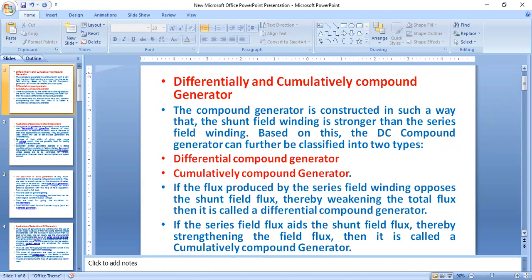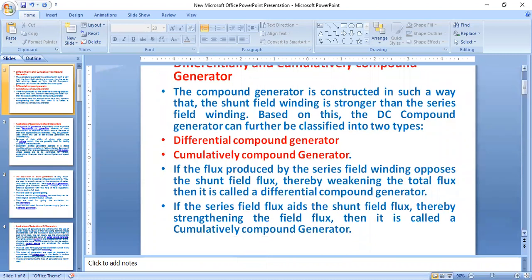The compound generator is constructed in such a way that the shunt field winding is stronger than the series field winding. Based on this, the DC compound generator can be further classified into two types: a differential compound generator and a cumulatively compound generator.